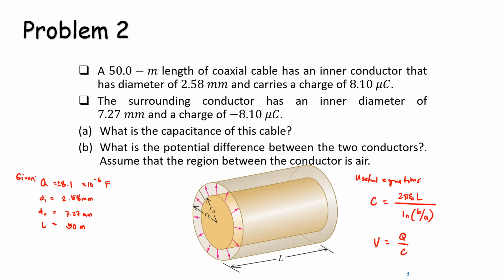Okay, so we can use these values as is. So we have C equal to 2 pi epsilon naught multiplied by the length, which is 50 meter, divided by ln of d outer over d inner.